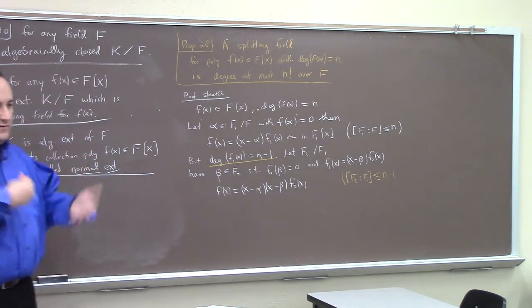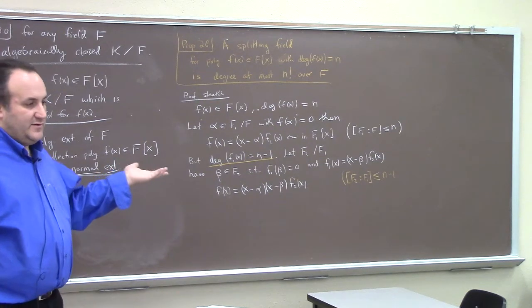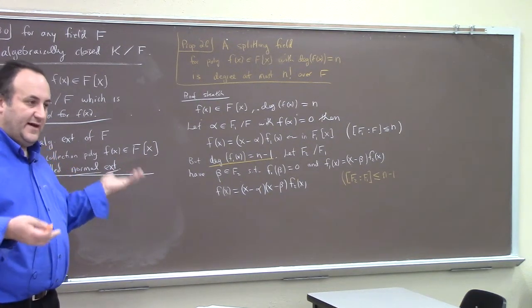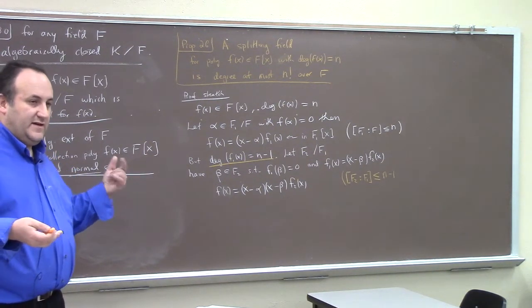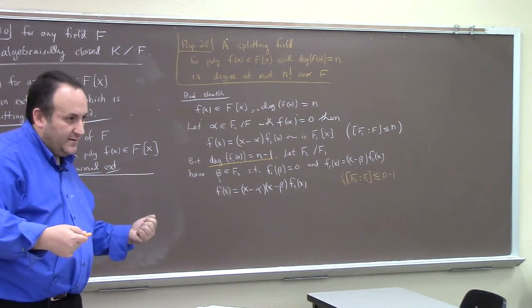And we just continue doing this argument. Extend, extend, extend. We can only do this n times, because eventually you have n factors, and each time the extension has one less degree than the time before.